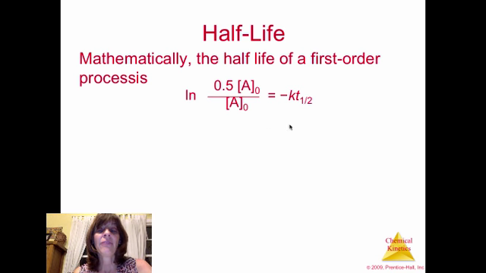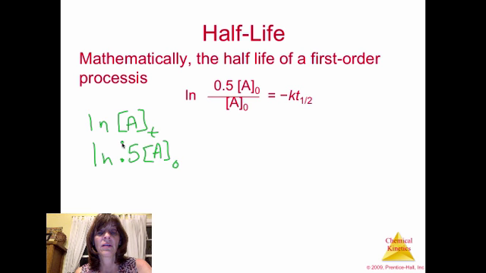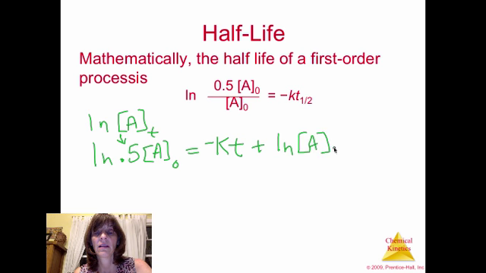You get this generalized half-life equation for a first order because when you substitute the natural log of A at time t with the natural log of 0.5 times your original concentration into your equation for first order reaction kinetics, you can substitute natural log of A0 in for At and subtract natural log A0 from both sides.